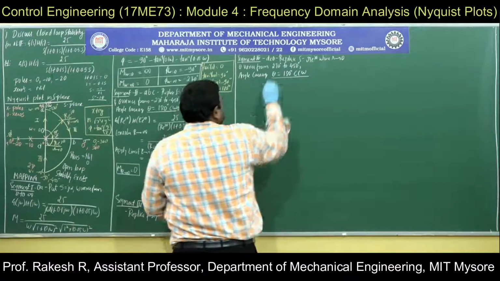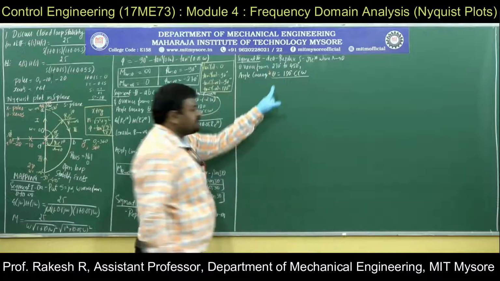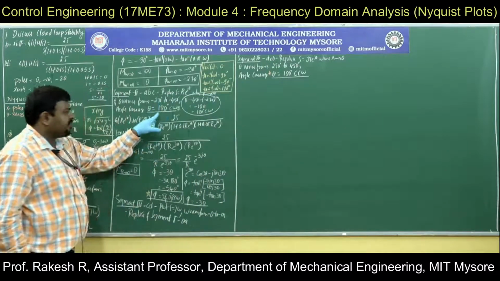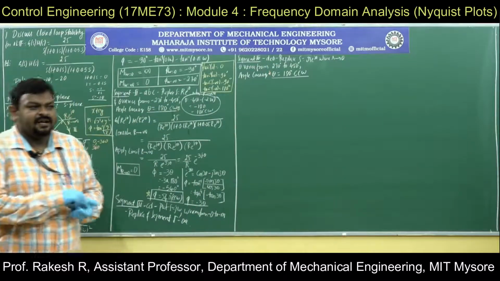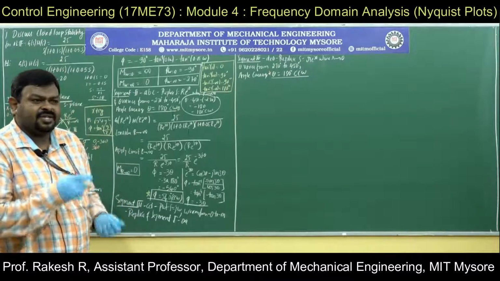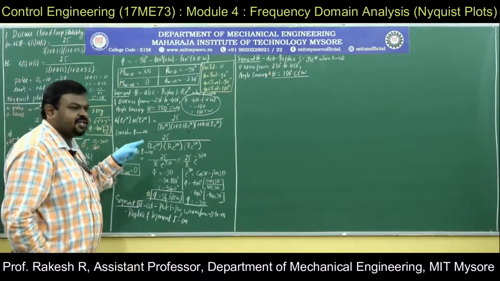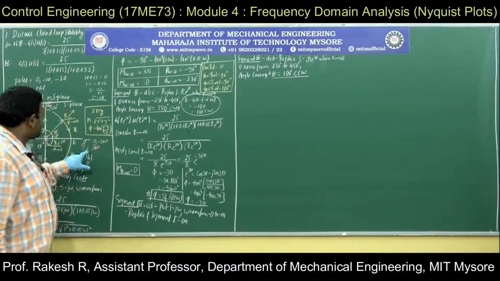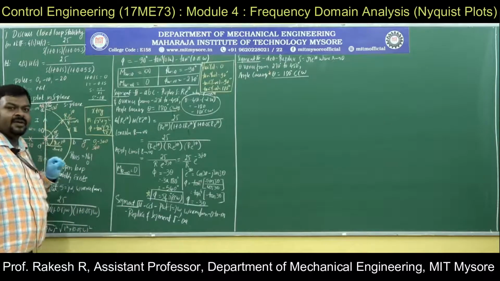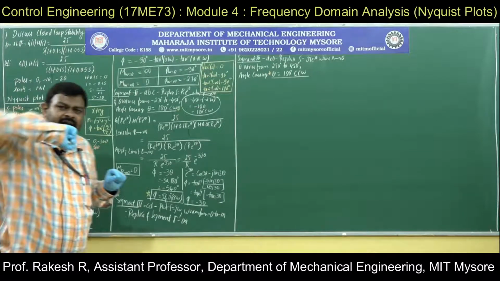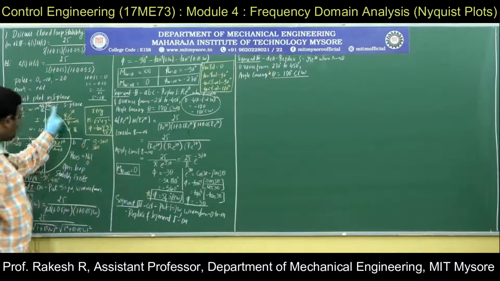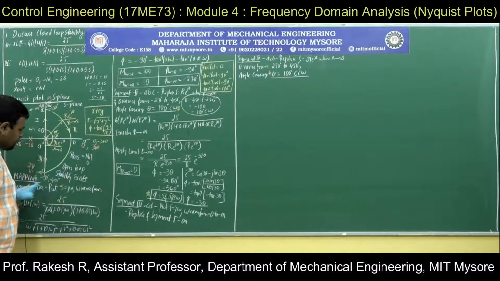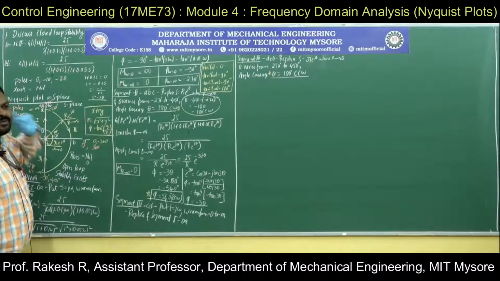So this value is 180 degrees counterclockwise, but that value is 180 degrees clockwise. That is very important here. Whenever you are measuring angles in counterclockwise direction, you have to take positive angles, that means 0, 90, 180 like that. Whenever you are measuring angles in clockwise direction, it is like this: 0, minus 90, minus 180.